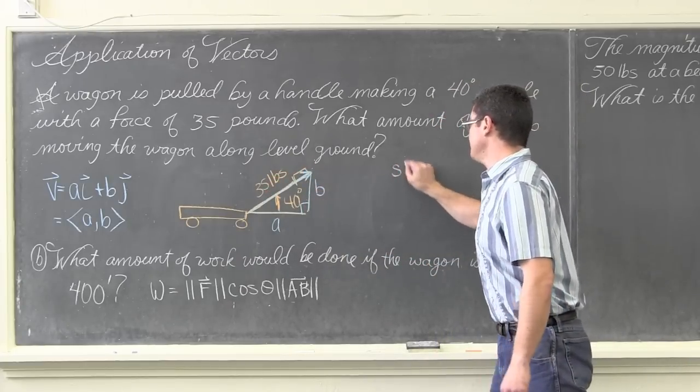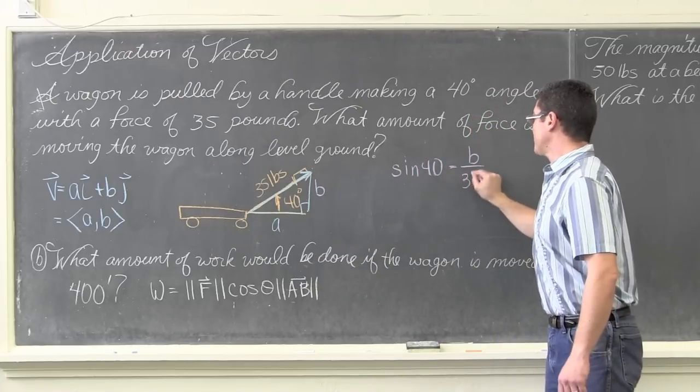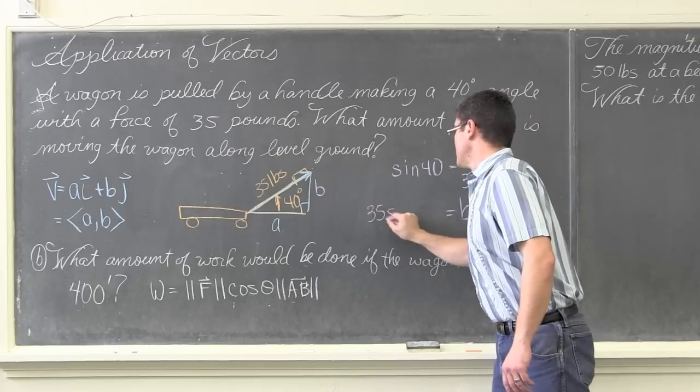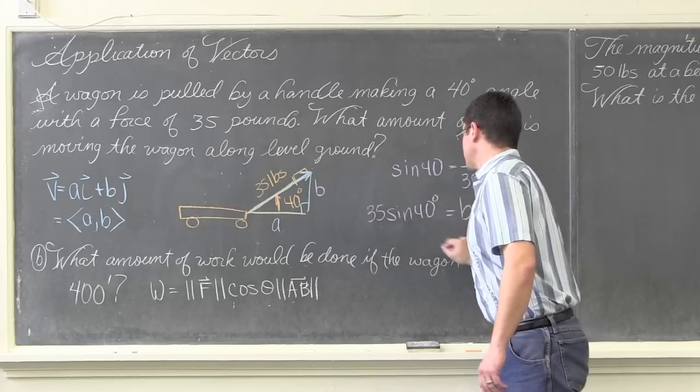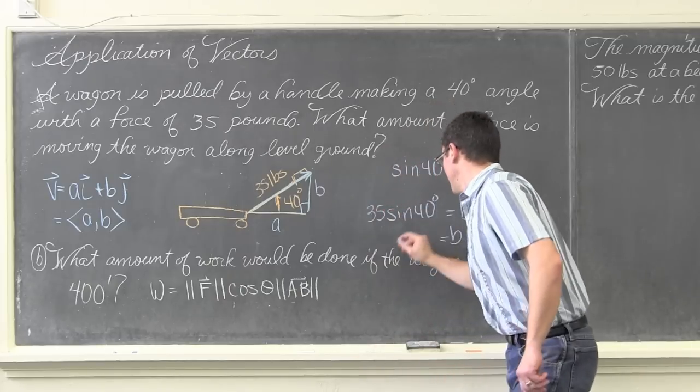So the sine of 40 is equal to B over 35 pounds, and B is equal to 35 times the sine of 40 degrees, so that ends up being 22.25 pounds.